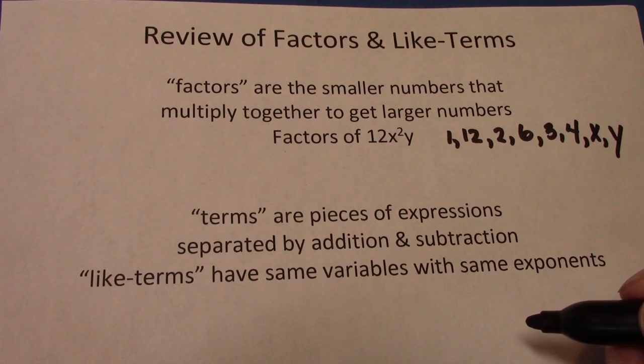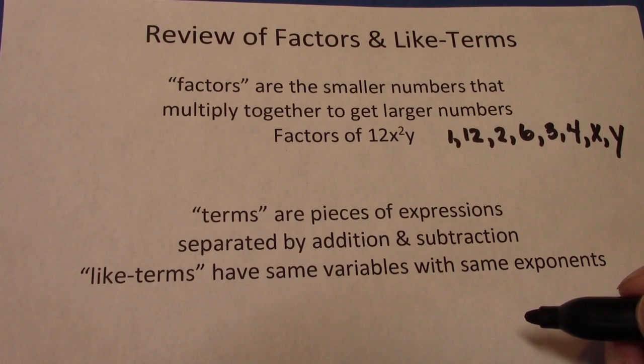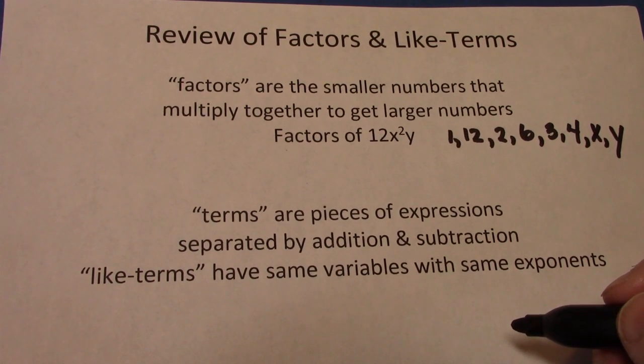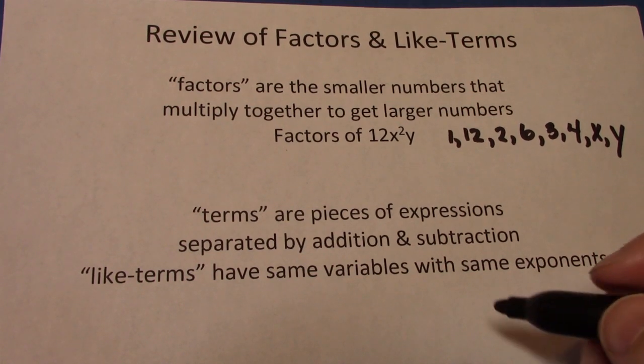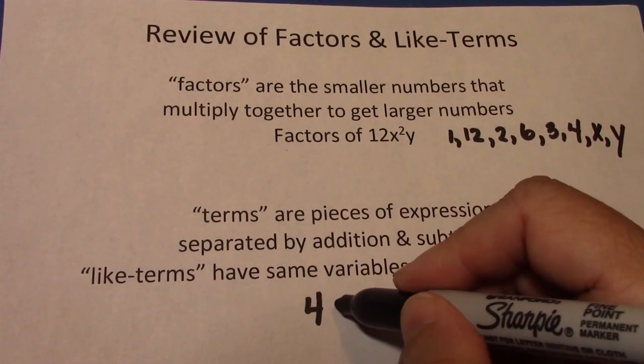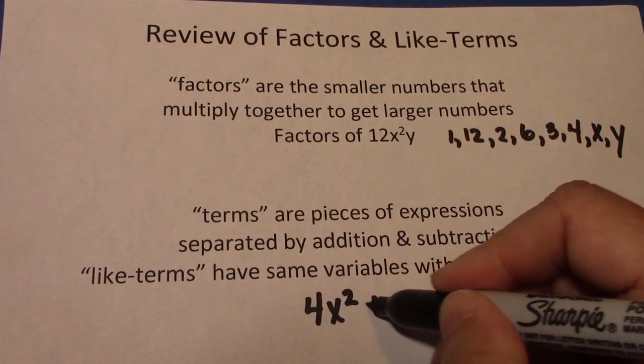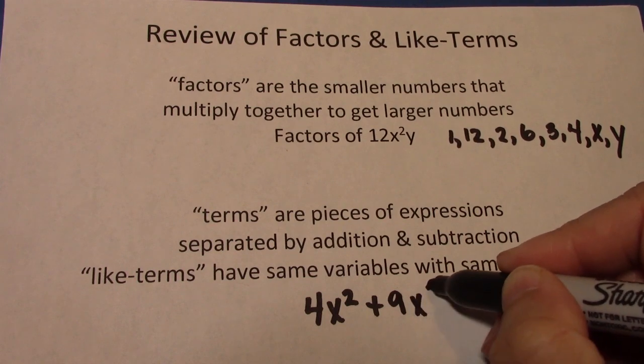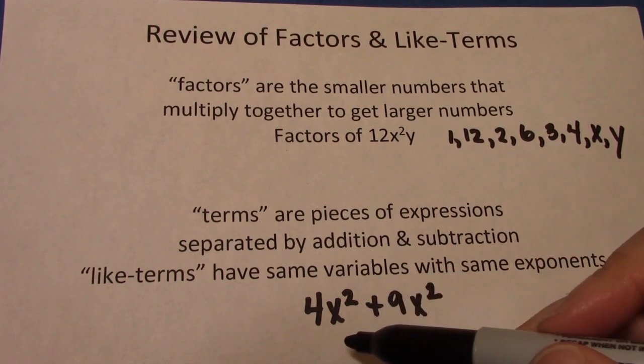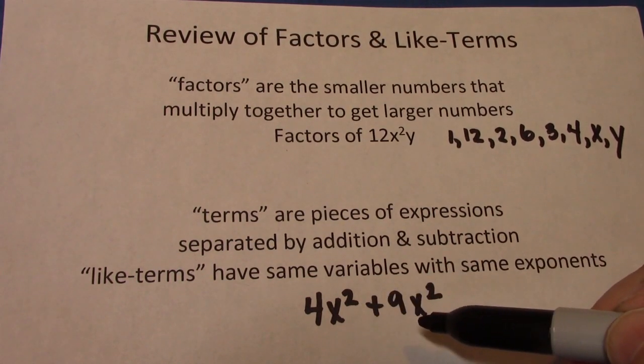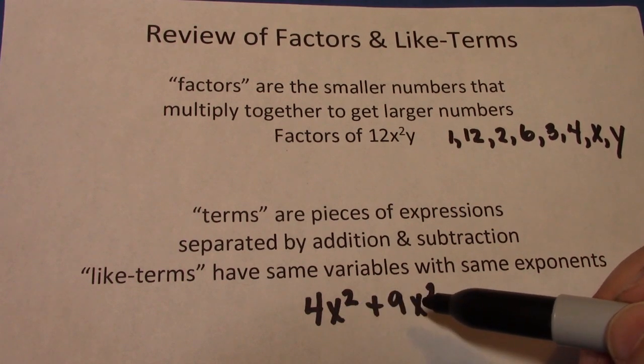And terms are the pieces of the expressions that are separated by addition and subtraction. Like terms have the same variables with the same exponents. So for example, 4x squared plus 9x squared. Those have the same variables, x, and the same exponents, 2.